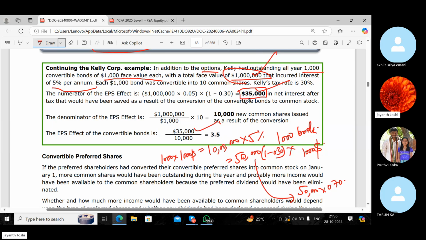In the denominator, what is happening? One $1,000 bond was convertible into 10 common shares. So one bond of $1,000 is converted to 10 common shares. And how many bonds are there? 1,000 bonds.